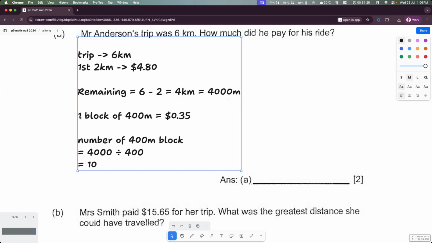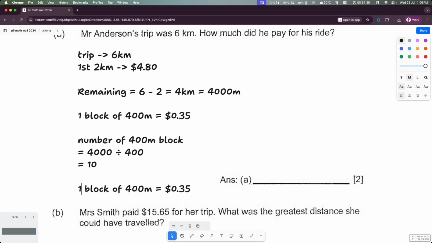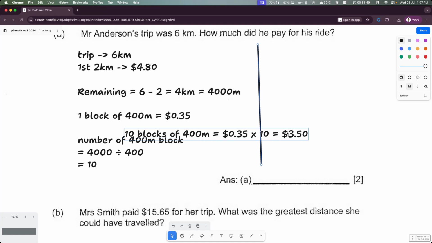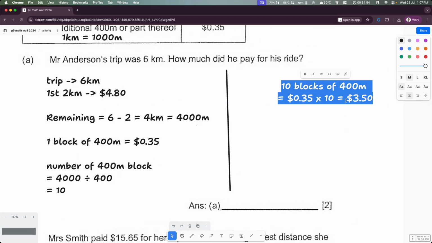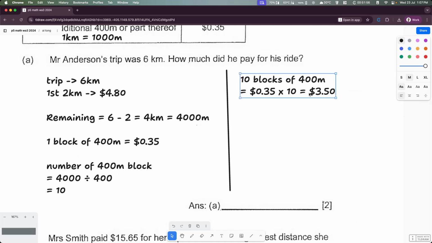So since one block is 400 meters, 10 blocks of 400 meters is equal to 35 cents times 10, which is equal to $3.50.